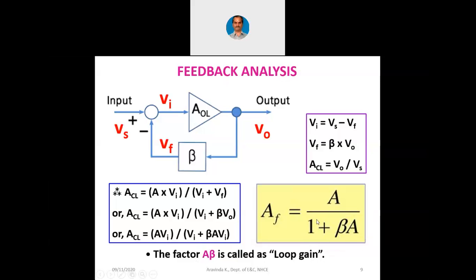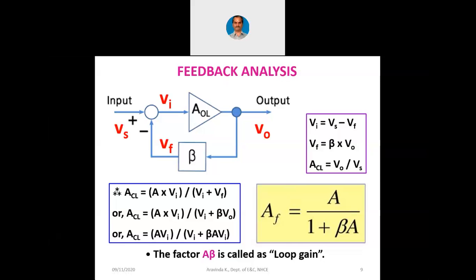That one has to be considered along with A beta. That is why, depending upon a specific application, the open loop gain will be known for the amplifier, and beta will be chosen for the specific application. Okay. So now you are familiar with the term AF equals A by 1 plus A beta.